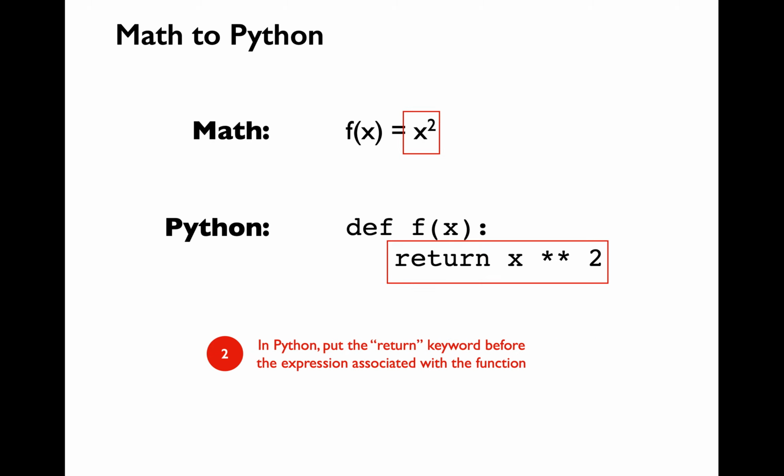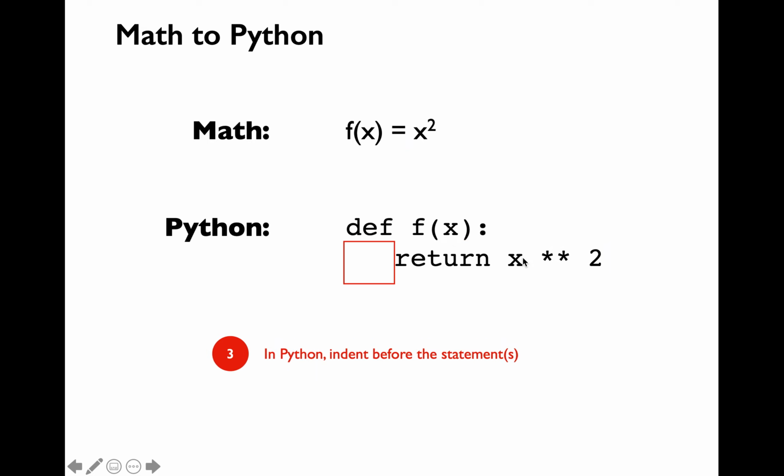The second difference here would be that you have to use the return keyword in order to produce the result of an expression from the function. For example, the math definition computes x squared. Recall that the corresponding expression in Python would be x double asterisk 2. You'll have to type in the return keyword in front of the expression, and you need to have a space in between return and the expression itself.